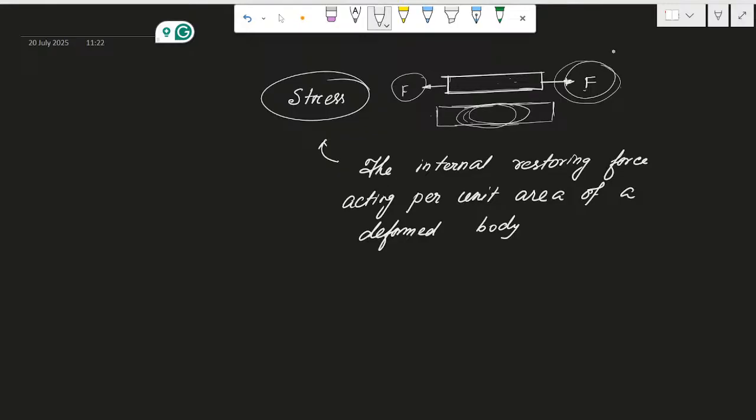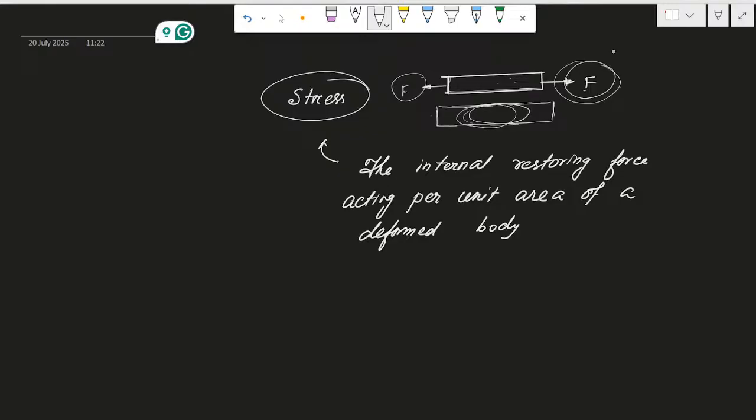That internal force per unit area is known as the stress. So it has the dimension of pressure. Pressure is also force per unit area, but it is external force per unit area, and this is internal force per unit area. Clear?